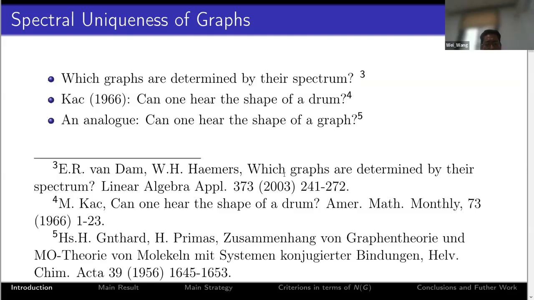Actually, this question was raised earlier, in 1956 by two chemists. And it's also related to some other problems, such as the shape of a drum. So as it turned out, our problem is closely related to the spectral uniqueness of graphs.